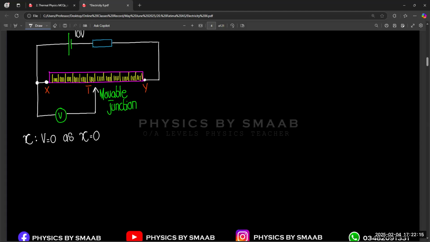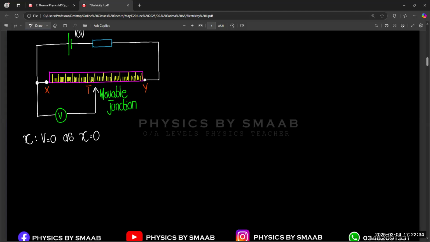Because if we move this movable junction to X, there is no length covered in this whole setup. So when length is zero, definitely the voltage in the output is also equal to zero.